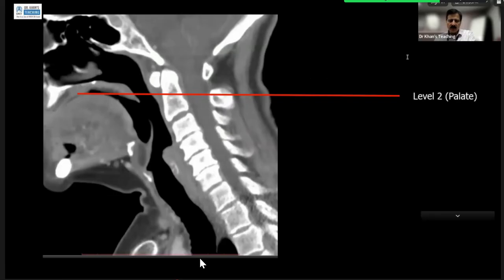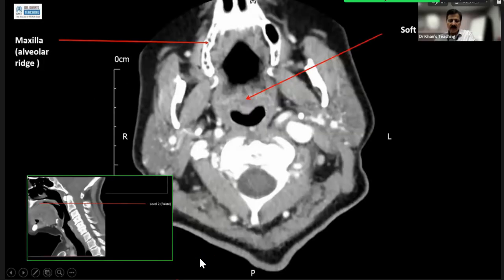Next level, which is level 2. Here, it all depends where the slice is going through, but you should not get confused, because this is tongue. You can imagine that the soft palate is dangling like this, so part of it will go, the slice will go through soft tissue. Anteriorly, there will be a bit of air, and then there will be the hard palate, and it gives you this confusing appearance.